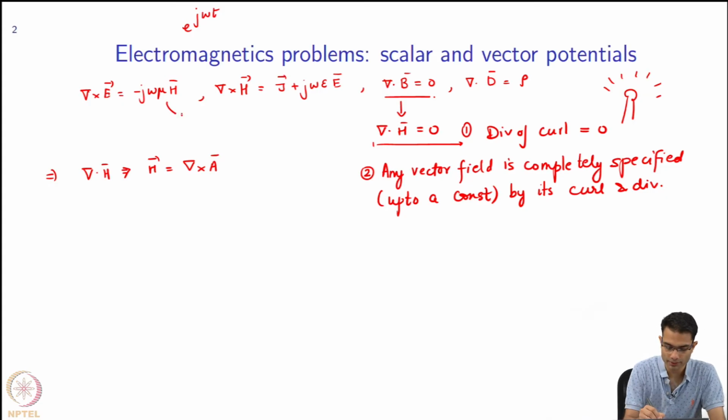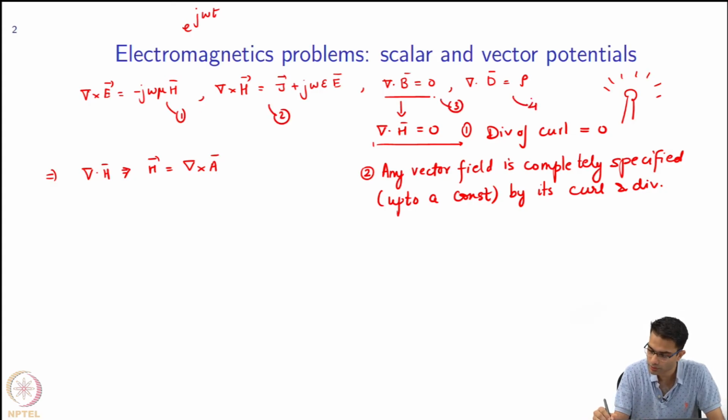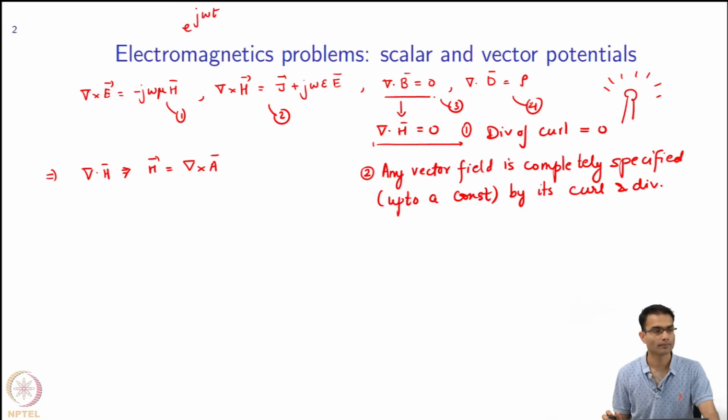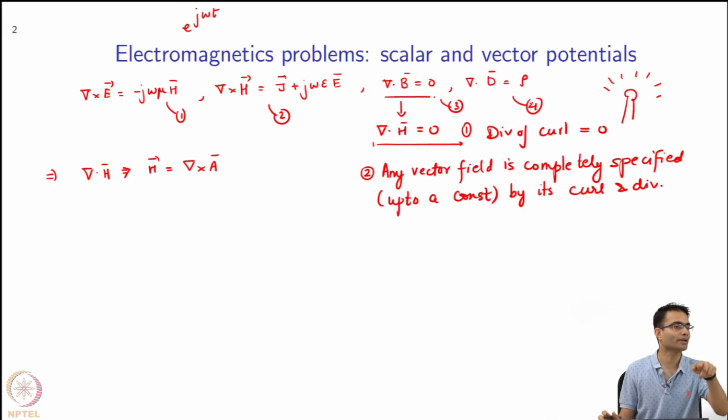So let's number our equations. This was 1, 2, 3, 4. Okay. If you had a magnetic medium, what would you have done instead? Then I would have taken del dot B equal to 0. I could have said B is equal to curl of something, and that's commonly done. So you will find some places A is defined in this fashion. Actually, let's do that.